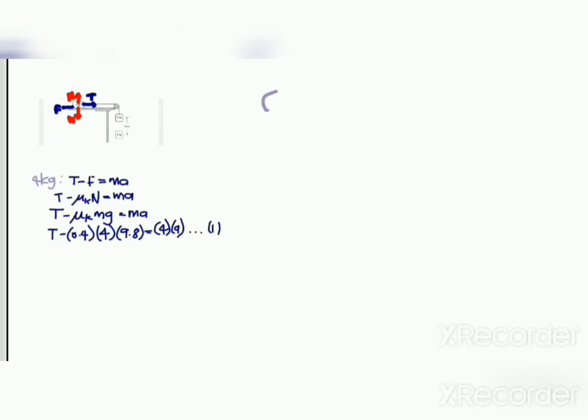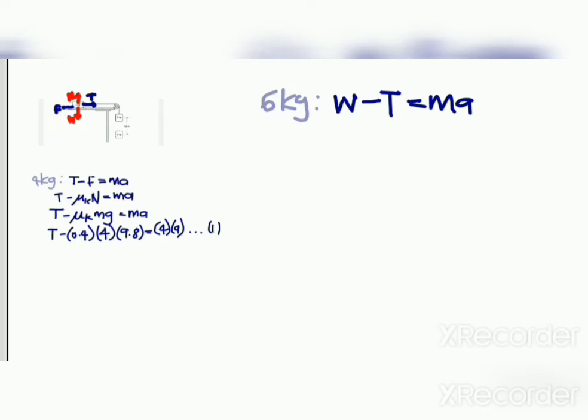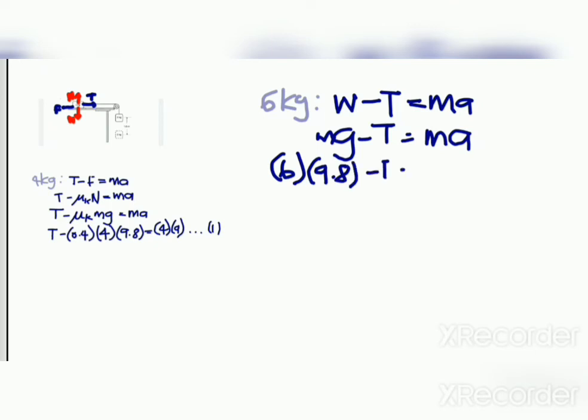For the 6 kilogram block, we just have the weight and the tension. So it's going to be weight minus tension is equal to mass times acceleration. And we know that weight is mass times gravity, minus tension is equal to mass times acceleration. So substituting in there, here our mass is 6, gravity 9.8 minus T is equal to 6 times acceleration.